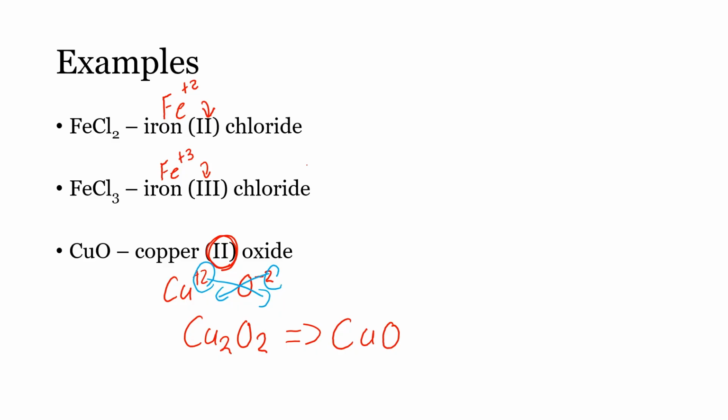Our copper does indeed have a +2 charge, but in the final formula, because we reduce those subscripts, it's just a little bit harder to tell. So again, our FeCl2 has a +2 charge, our FeCl3 has a +3 charge, and then in this last example, our copper will have a +2 charge.